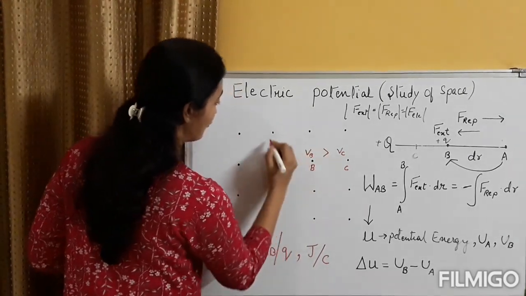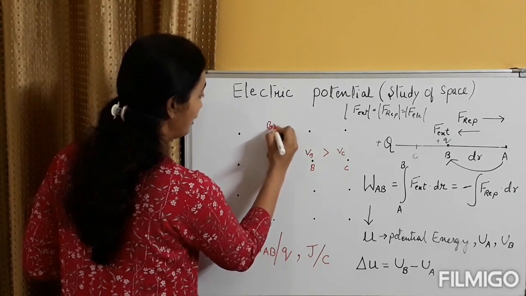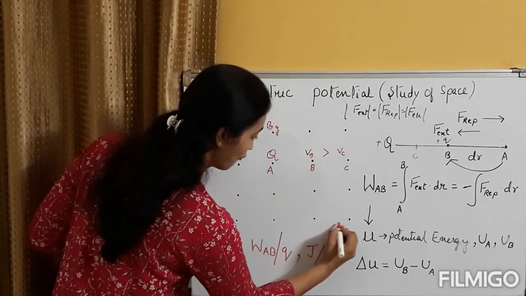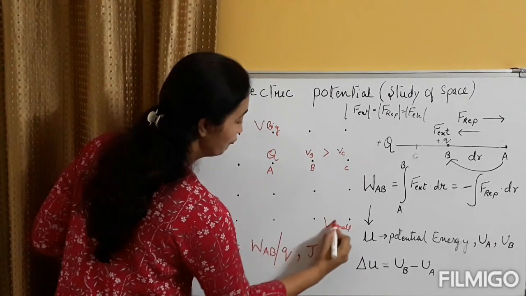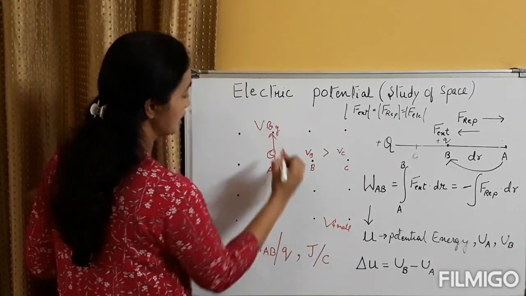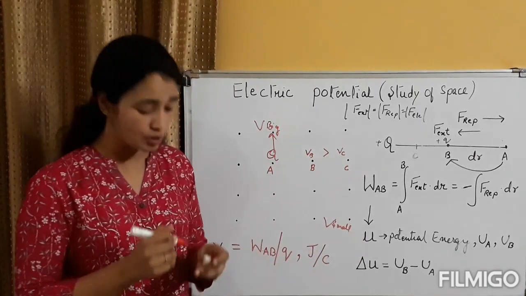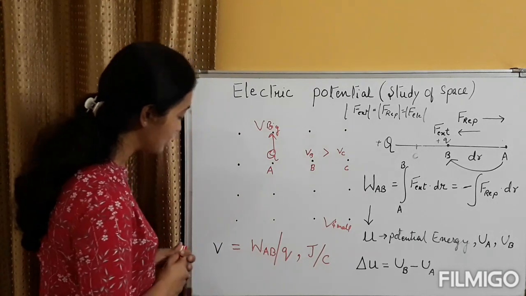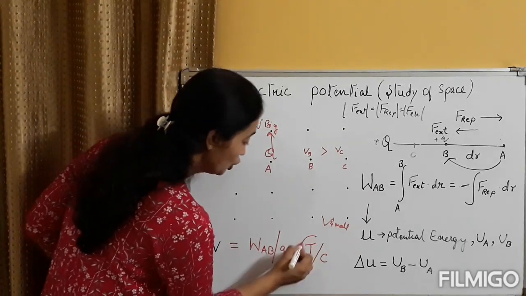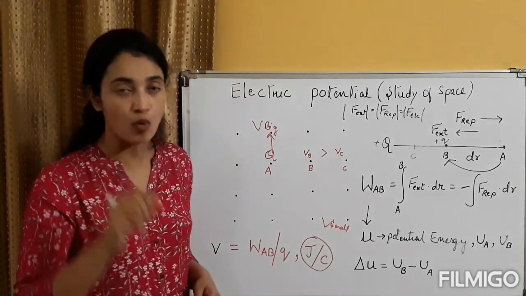Here you can say the value close to it will be big, and the value away from it will be small. The value of V close to the charge is big and away from it is small. Why are we studying potential? For the very obvious reason that its unit is joules per coulomb. Means what?